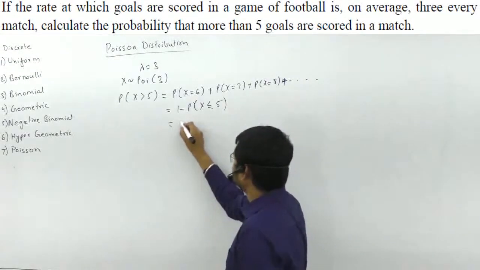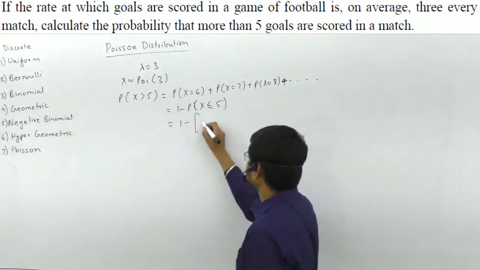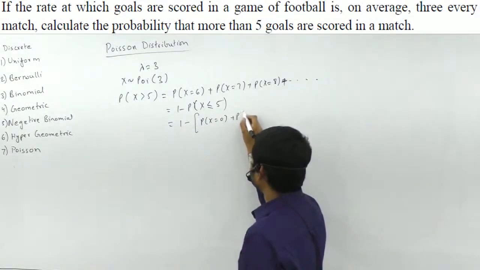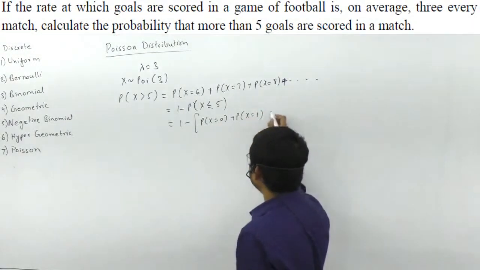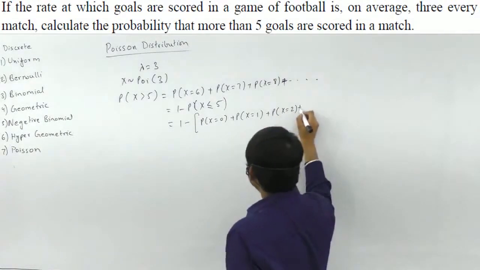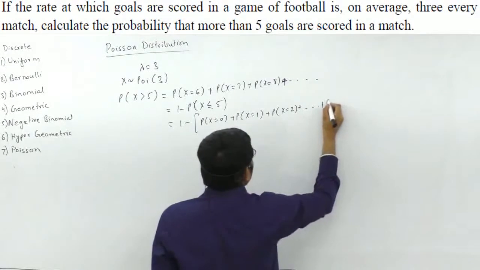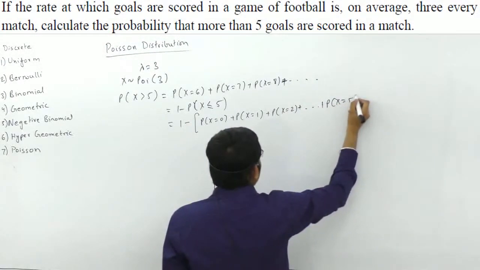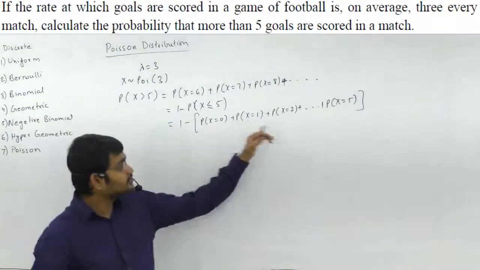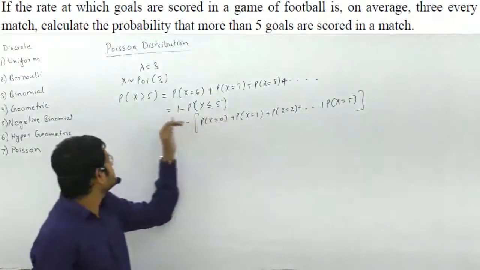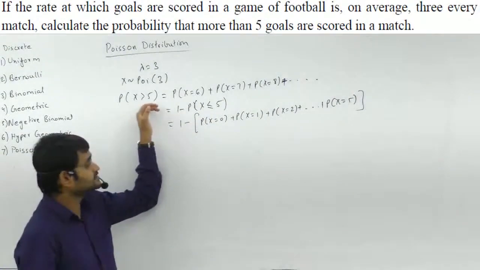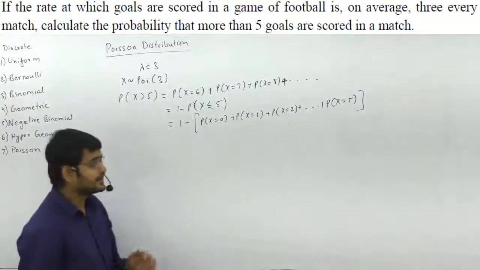That can be written as 1 minus probability x is equal to 0 plus probability x is equal to 1 plus probability x is equal to 2, and this will go on till probability x is equal to 5. So if we find probability from 0 to 5, we can easily find probability less than or equal to 5, or then we can say probability greater than 5.